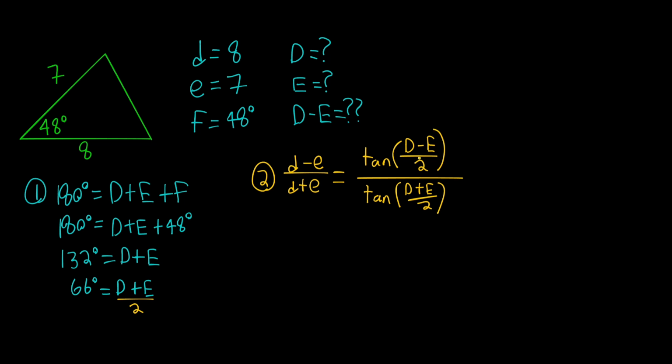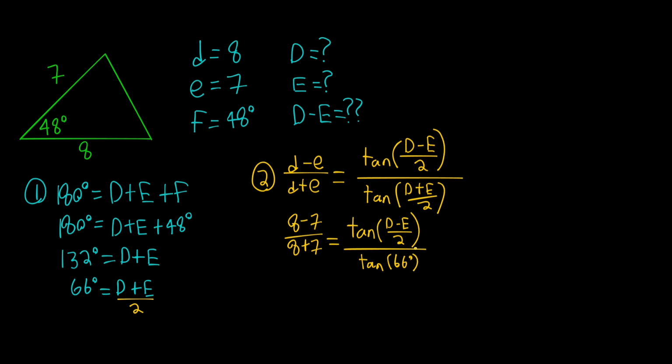So we can actually solve for D minus E using this right here. To dive further into the problem, we have (8 minus 7) divided by (8 plus 7) is going to be the tangent of (D minus E) divided by 2 divided by the tangent of 66 degrees.